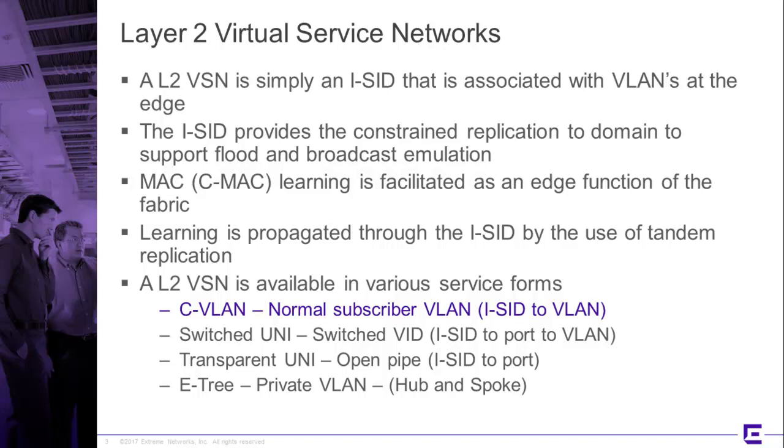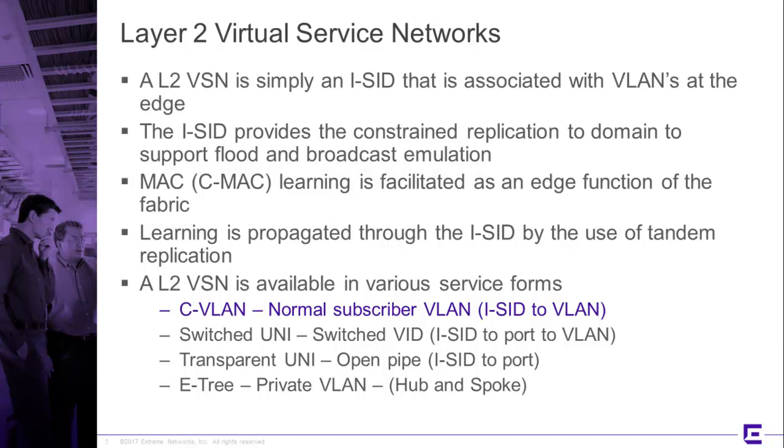That's really nothing more than a mapping of the ISID to the VLAN. There are three other classes as well, and we may have some separate videos towards the end of the series on these. Switched UNI is a very handy tool that allows a switched VID function to the ISID locally within an element.